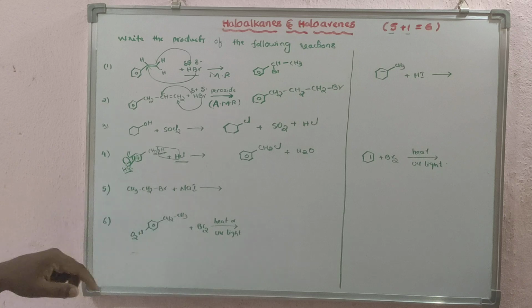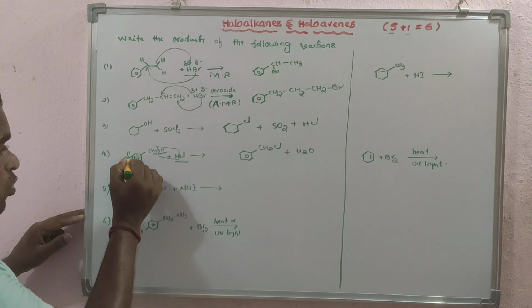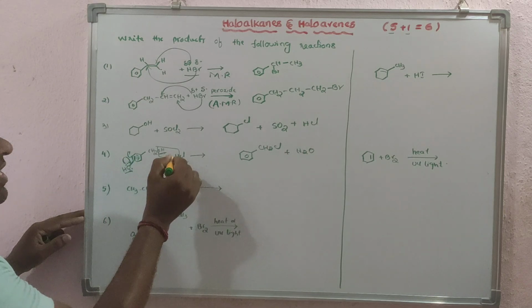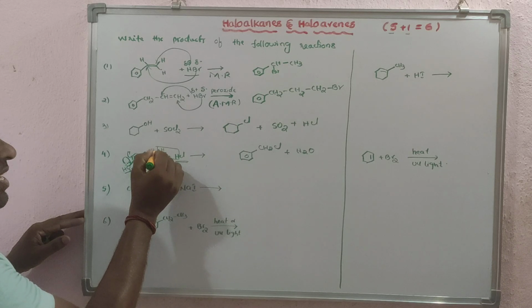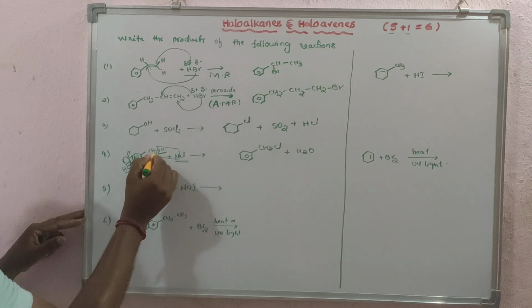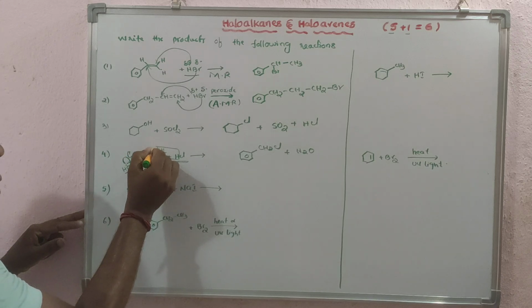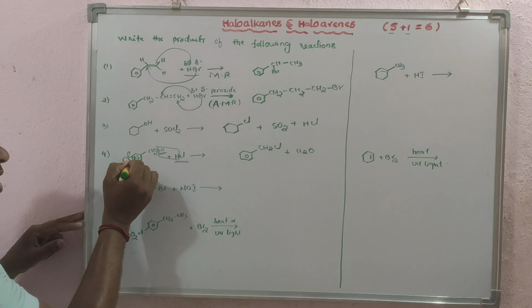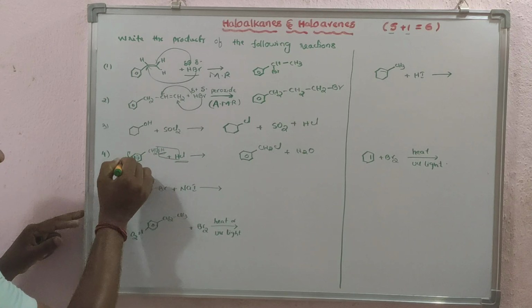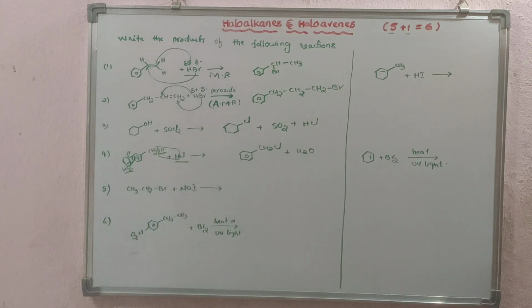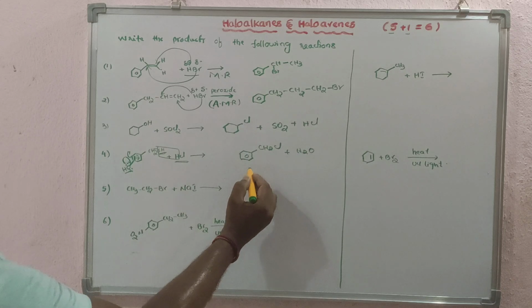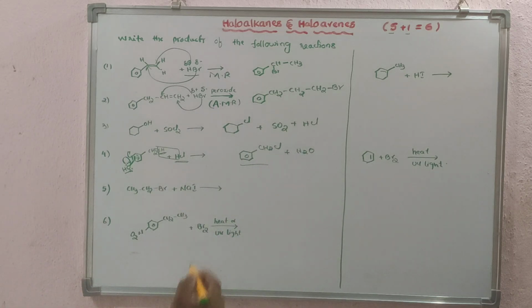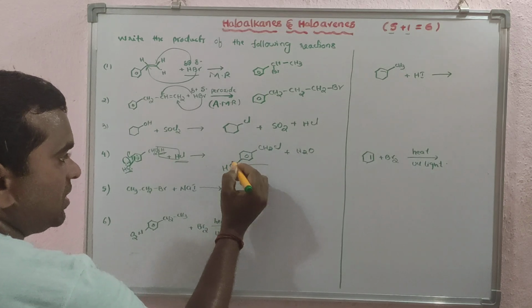To break this is difficult. In this other case, there is no conjugation of the lone pair electrons with the benzene ring, so there is no resonance. So here it is a single bond, but there the carbon and OH have partial double bond character, and breaking a double bond is difficult compared to a single bond. So you will get the compound CH2Cl, and here OH will be present.